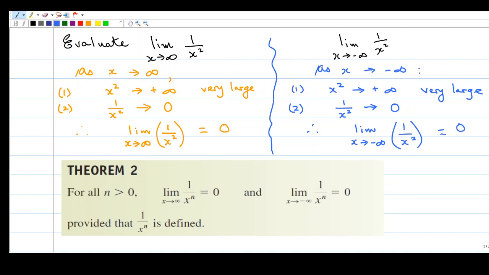For all n greater than 0, the limit as x approaches infinity of 1 over x to the n is equal to 0. All right, what we did is we took the case where n is equal to 2 and illustrated it above on the left-hand side.